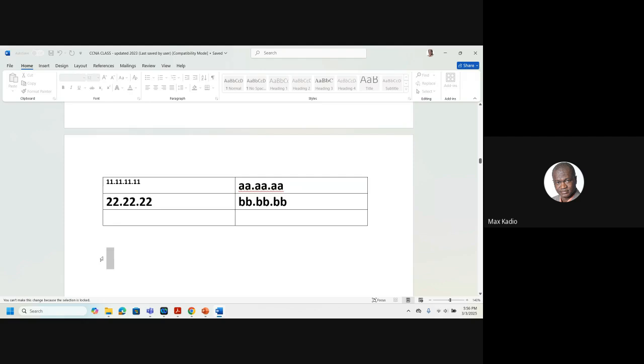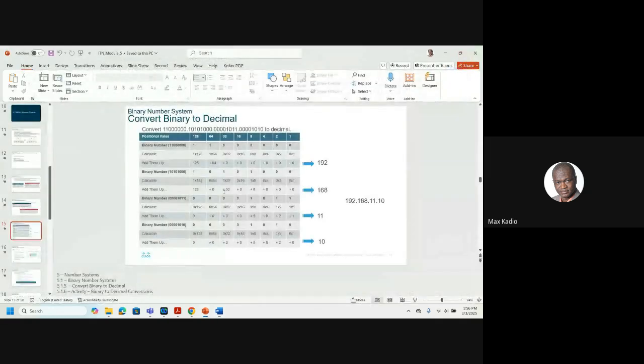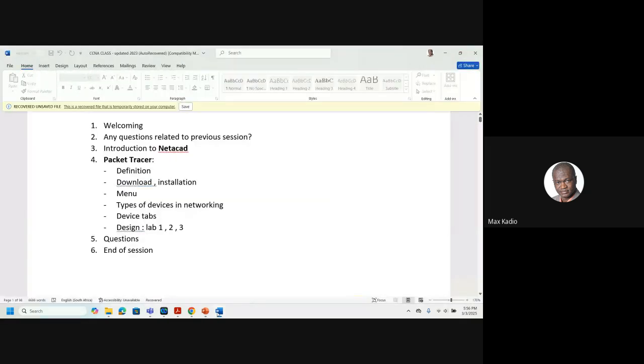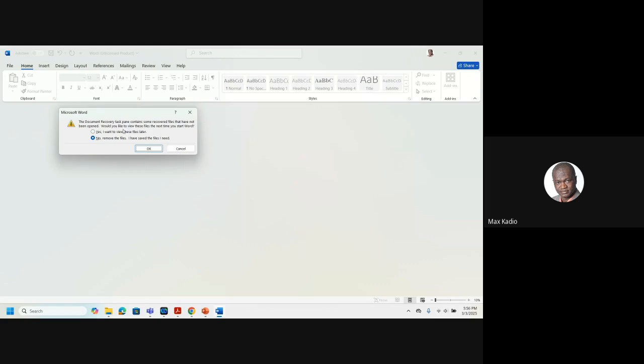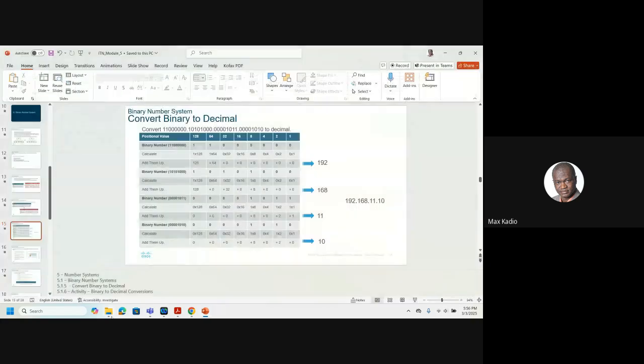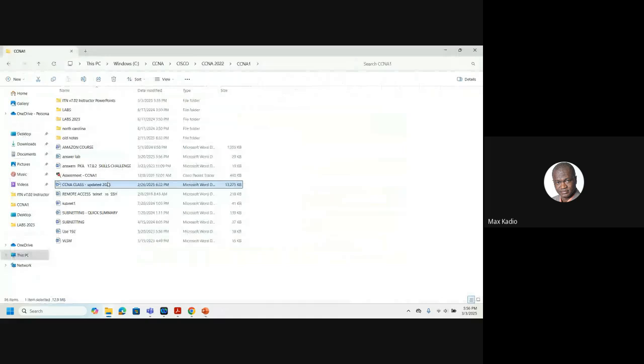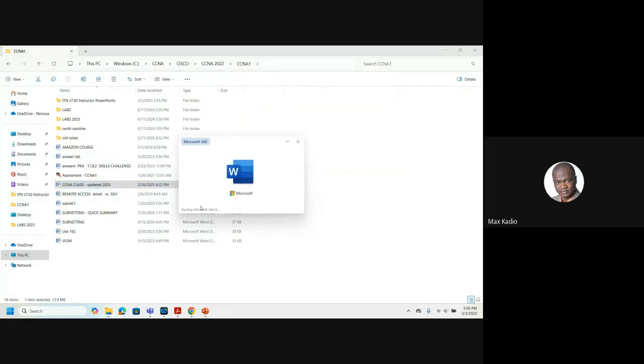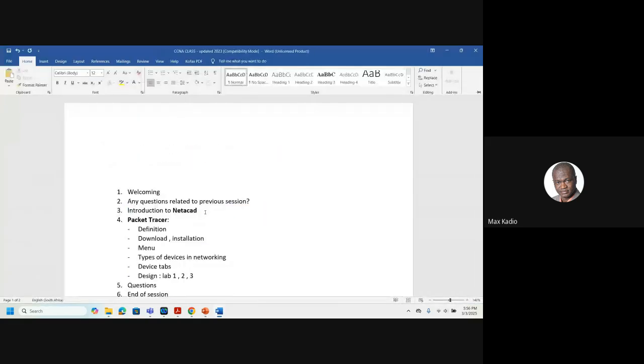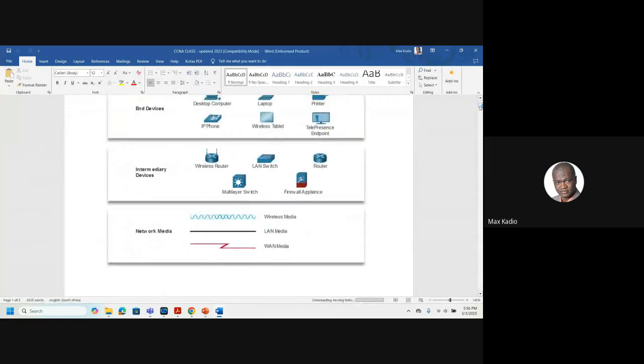Why is it not typing? You can't make this change because the section is locked. Why? If I close it, updated, save. I close this. It's very simple. Terms and conditions apply. It means if you study, you'll be fine.